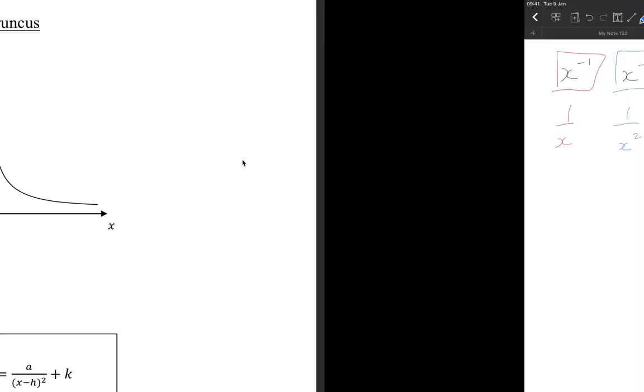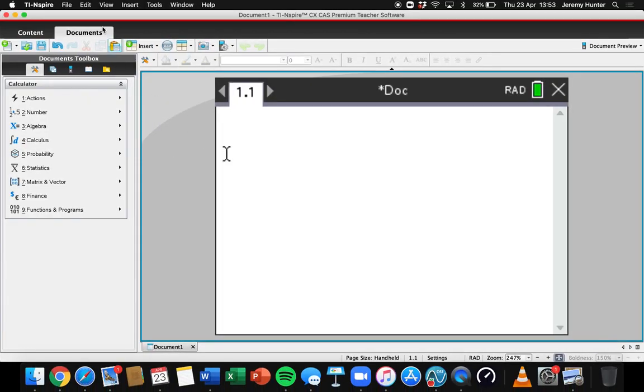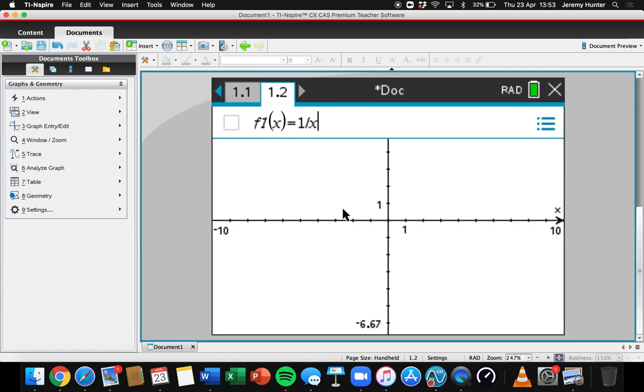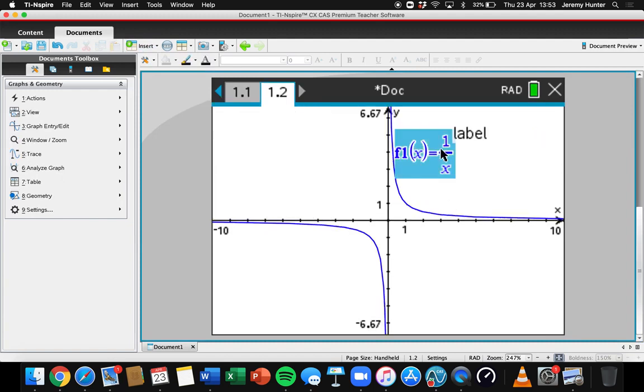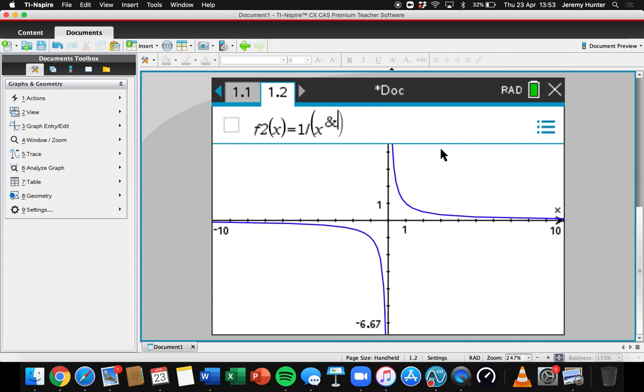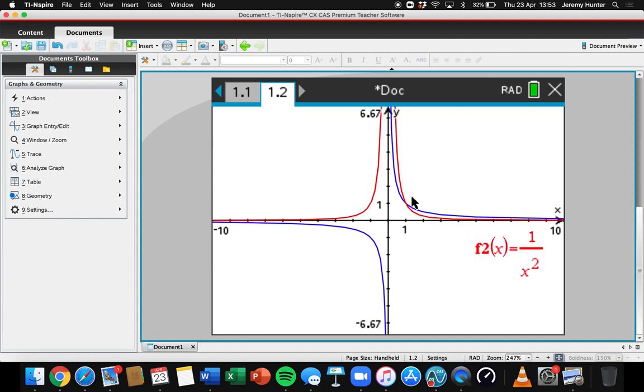What I'll do on the calculator here is show you what happens when we graph them at the same time. So 1 over x looks like this, and 1 over x squared looks like this.